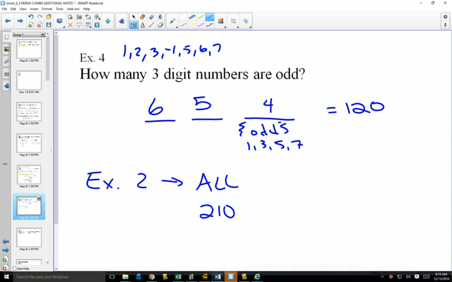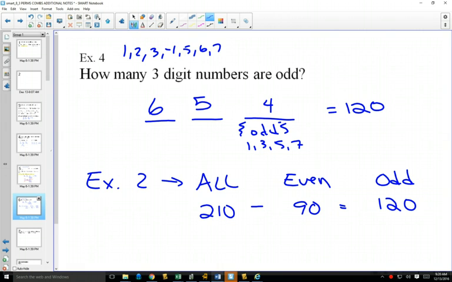And if we had 210 for all of them, and we figured out in example 3 that there was 90 even ones, how can we figure out how many odd ones there's going to be? You'd have to subtract.